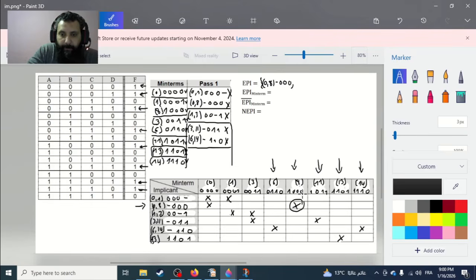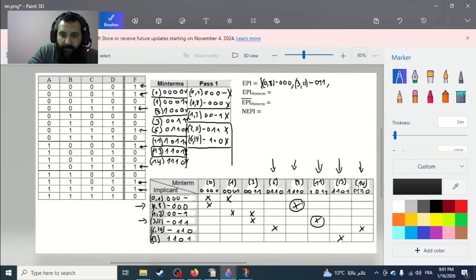We have this one, for instance, 3, 11. 3, 11 is an essential prime implicant, which is dash 011.